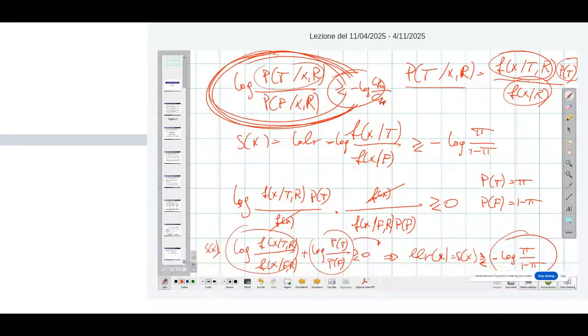If we redo all the computation, we can show that we can again represent the problem as a comparison of a log likelihood ratio with a threshold, but in this case, the threshold will not just be this term, but it will also need to account for the additional term here. Essentially, we will need to add here minus log of cost of false negative divided by cost of false positive.